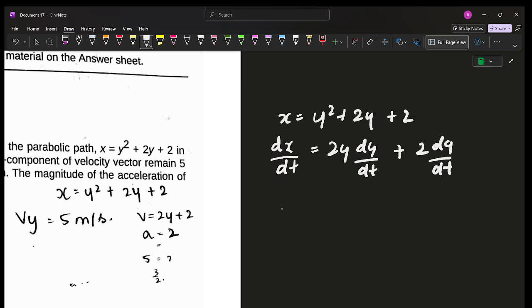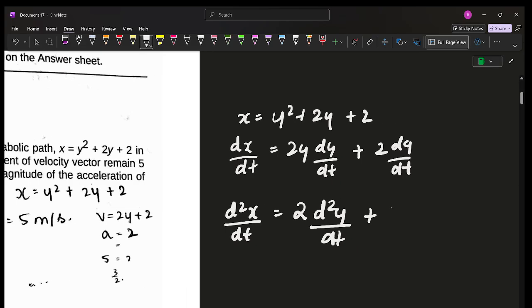Okay, I have to further differentiate it, which will just be 2 d square y by dt square, and this will be 0 because there is no y component. What the heck? I've forgotten differentiation.